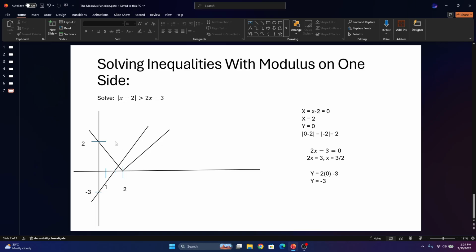Okay, now that we have sketched both of these, we need to find the point of intersection between the graph and the line. Now, if you remember, we actually know the equation of this line right here. It's just going to be this multiplied by -1, as we discussed before, that to find the equation of both of these parts, these straight lines, in a modulus function, to find the equation of this straight line which is going upwards, we just multiply the modulus function by 1 and put the brackets instead of the modulus.